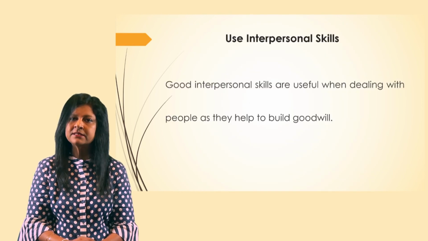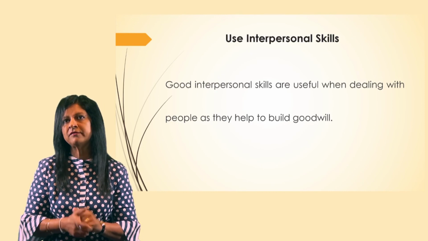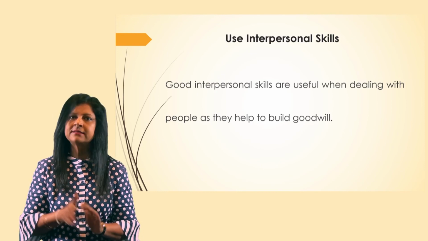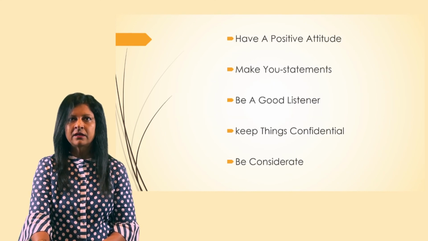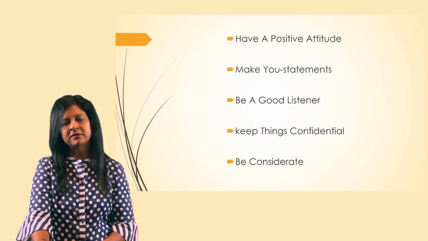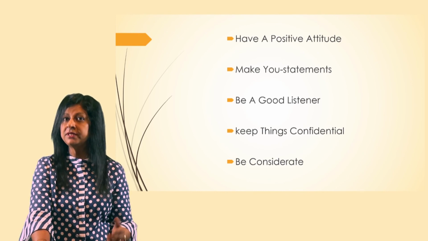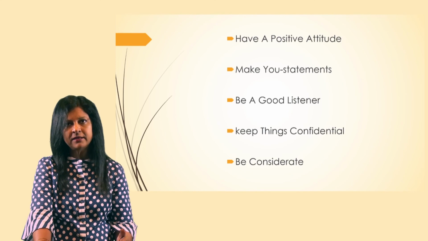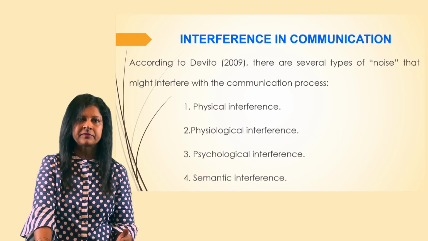So use interpersonal skills. Good interpersonal skills are useful when dealing with people as they help to build goodwill. Have a positive attitude, make your statements, be a good listener, keep things confidential and be considerate.